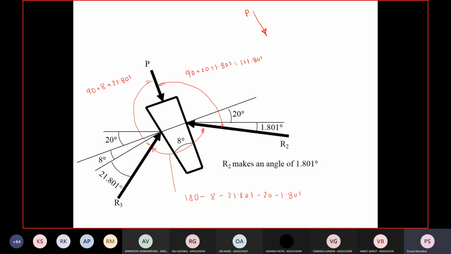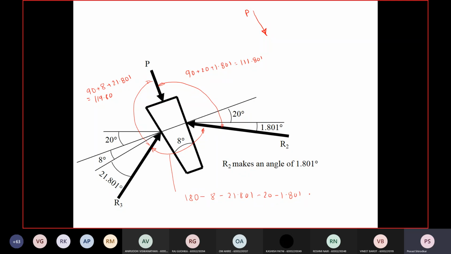Tell me the values one by one. Sir, angle between P and R3 is 119.8. Correct, 119.801.